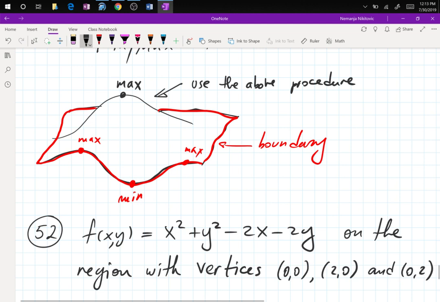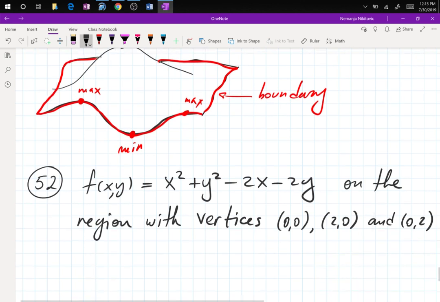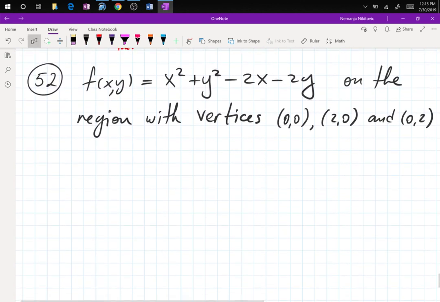So what kind of domain do I have? What shape is the domain? What is bounded by these three vertices?